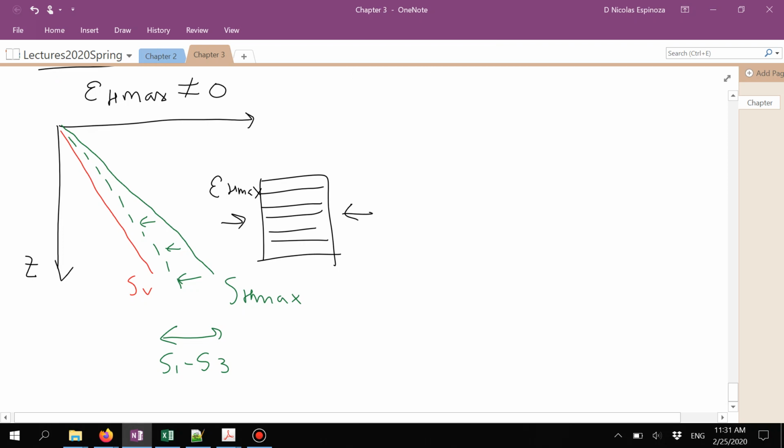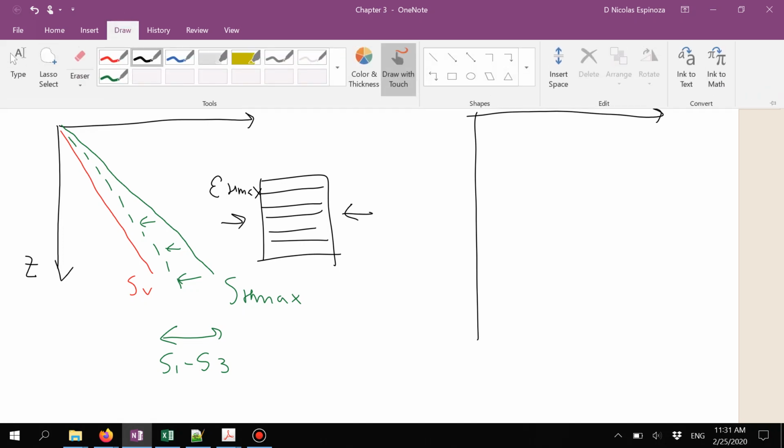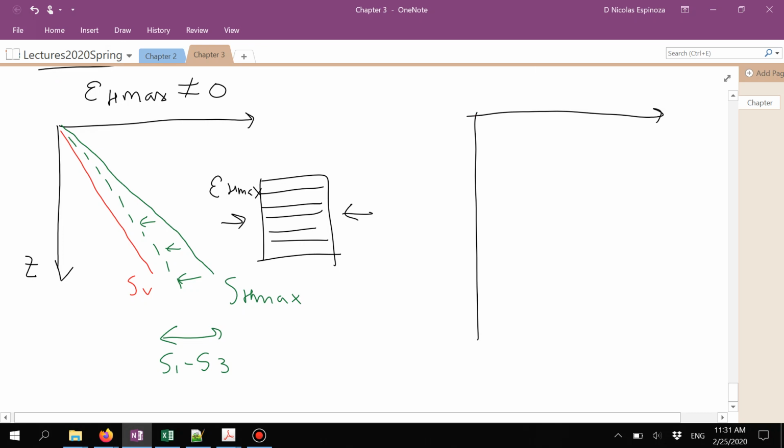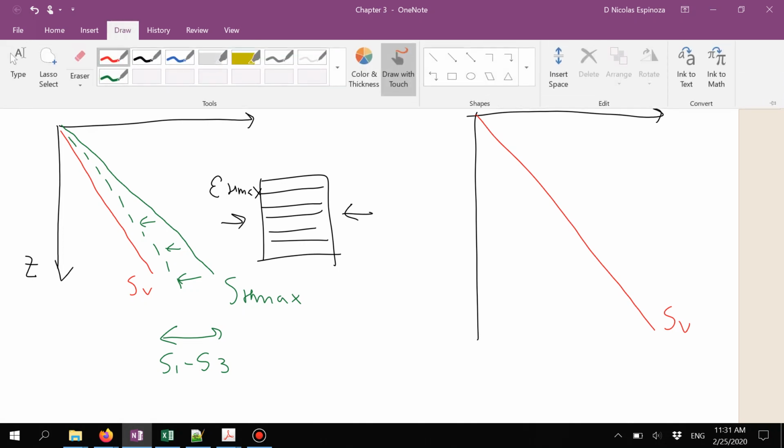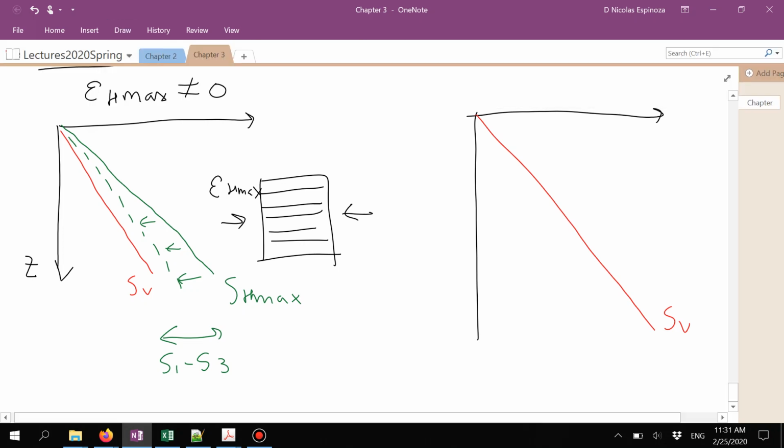And this also can happen in normal faulting as well. So let's consider a case now in which our vertical stress is here and that we have a layer around this depth which is actually an organic shale.